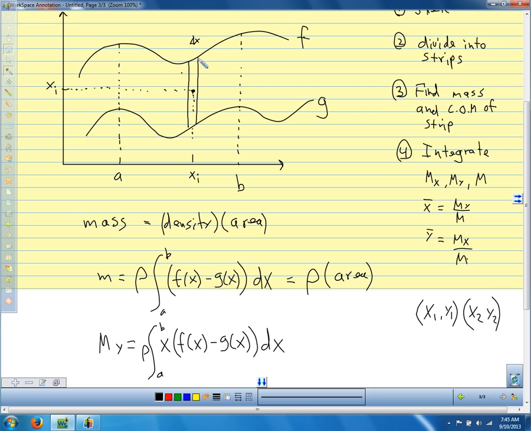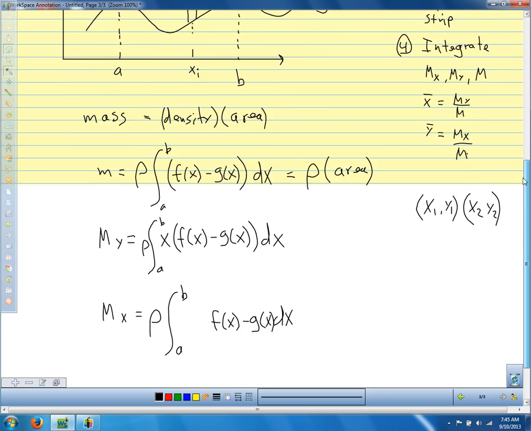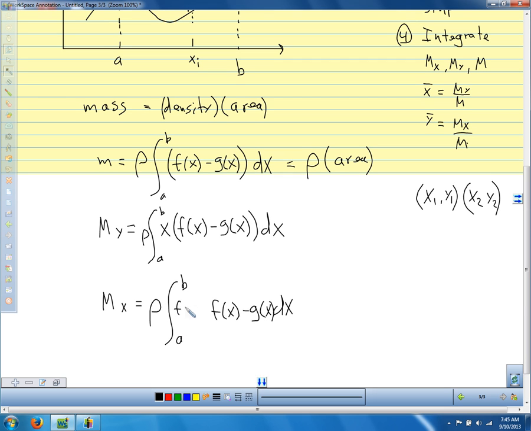We know the y coordinate up here is f of x. We know the y coordinate down here is g of x. So the middle is the average: f of x plus g of x, in parentheses, divided by 2.